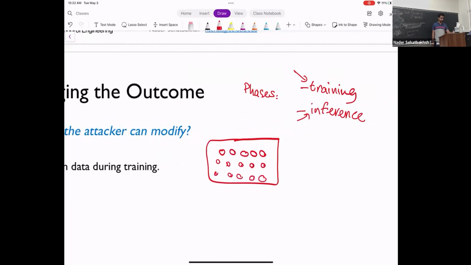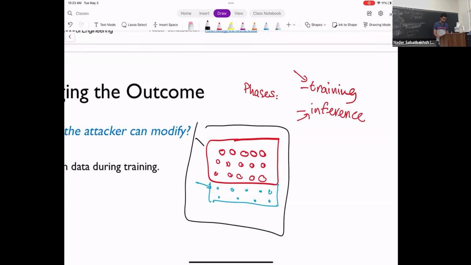What the attacker would do is extend this data set with some adversarial samples or poison data, which are input data that are incorrectly labeled, and intelligently and smartly incorrectly labeled. This is not just any inputs that we label incorrectly. We label them incorrectly with a specific algorithm or system. And basically, our training set would be this instead of only this.